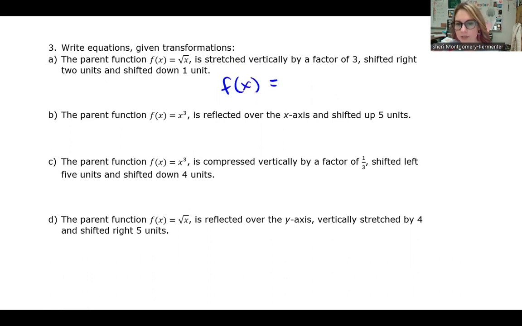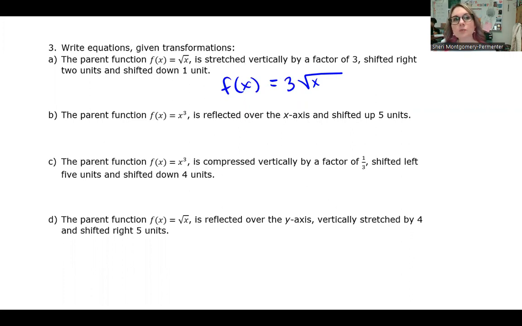We know it's going to be a square root, and we know where the x is. So now we just fill in the 3 spots that there might be transformations. As I read through, stretch vertically by 3, where does that go? It can either go in front with the X grouping or at the end. Where does it go? In the front. So in the front, we put a 3.